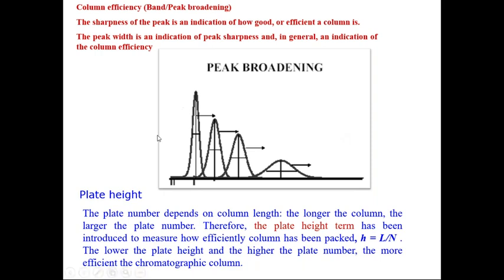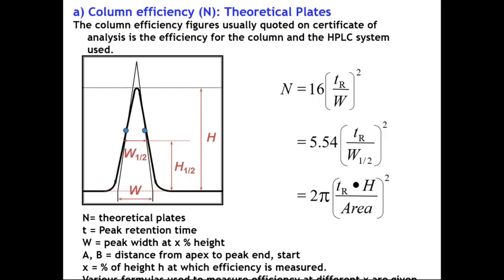Another way of knowing how efficient the column is, from day one till you keep completely using it, is to go by what is known as the plate height or the theoretical plates.